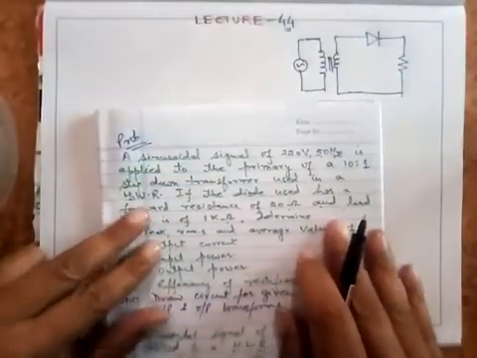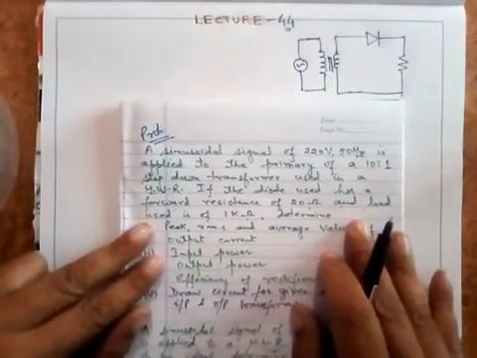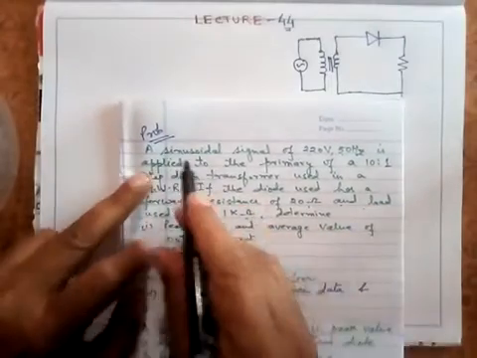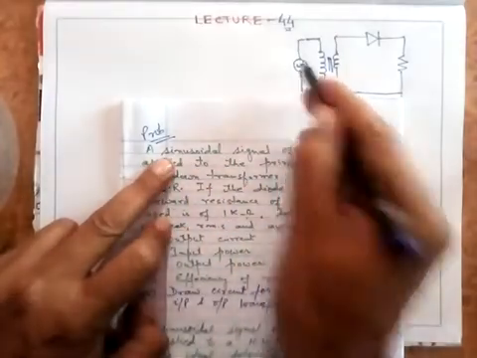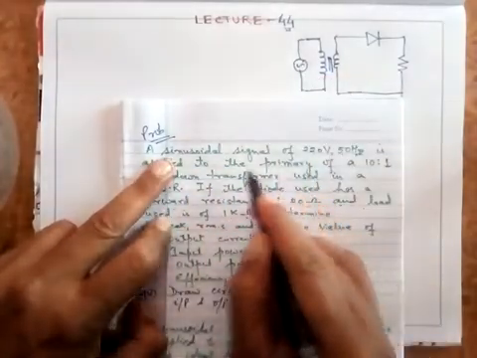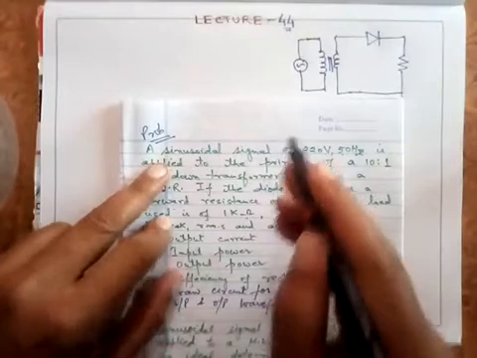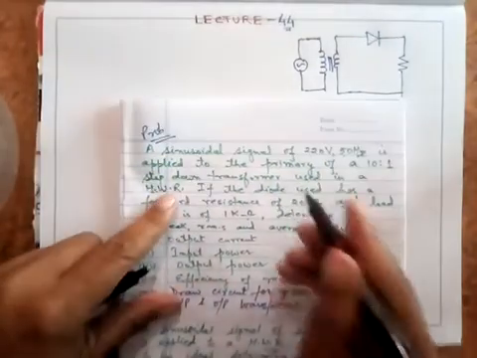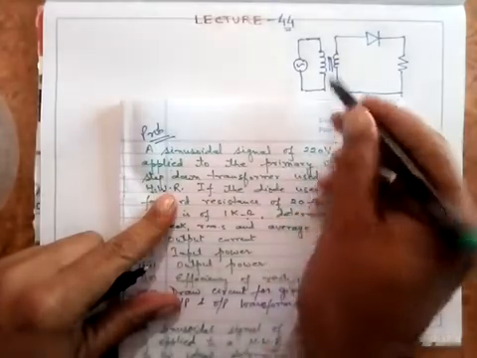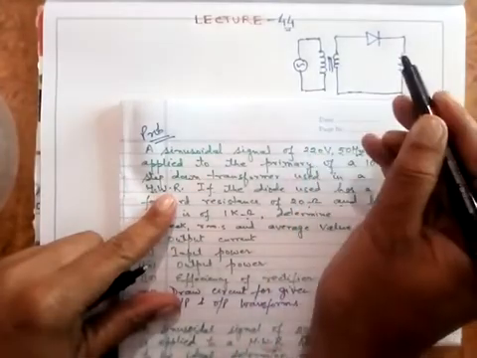Now, coming back to the problem statement, it says that a sinusoidal signal of 220 volt and 50 hertz is applied to the primary winding. This is the primary winding and this is the secondary winding of the transformer.